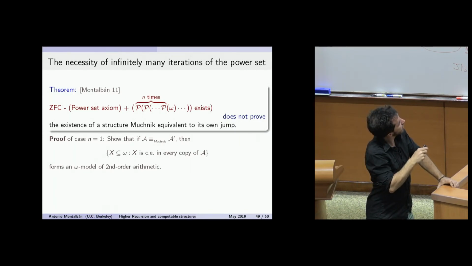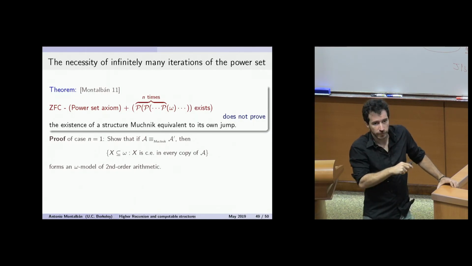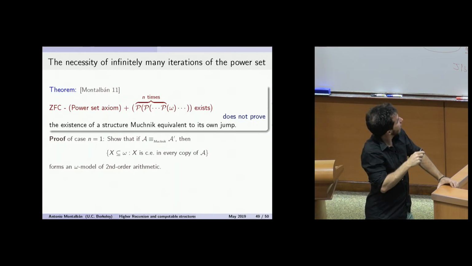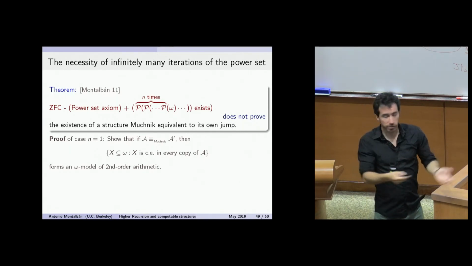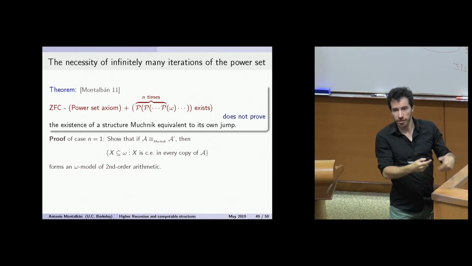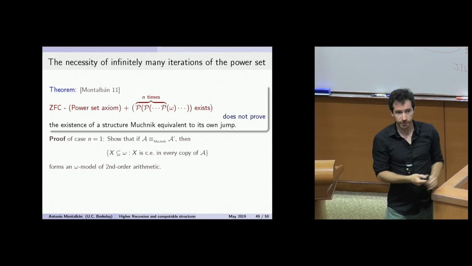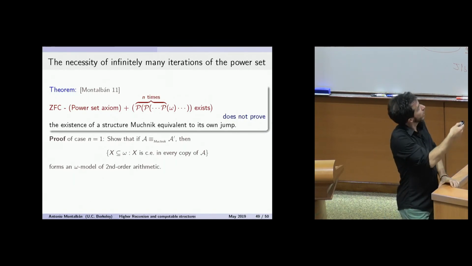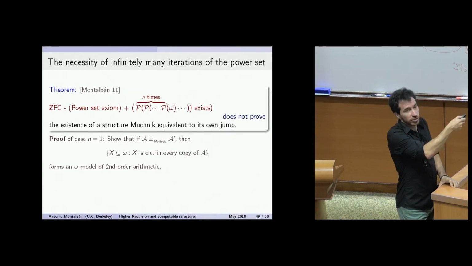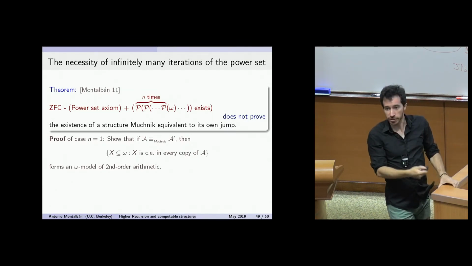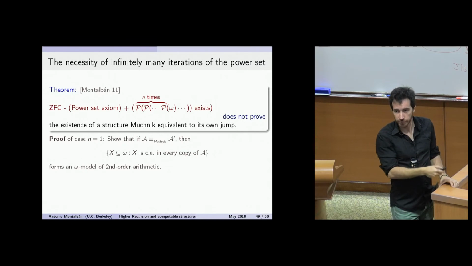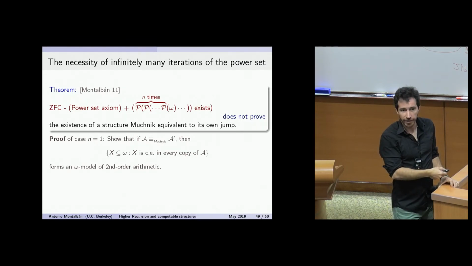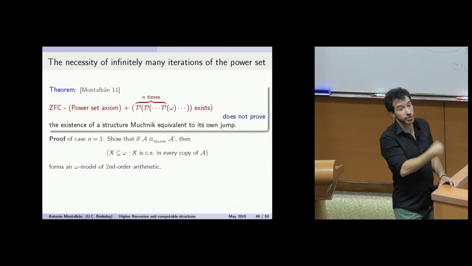If you take all the sets X which are CE in every copy of A as your second order part, and you take omega as your first order part, you get a model of second order arithmetic. You have to prove that, but once you do, if you have such a structure, then second order arithmetic is consistent, because you're building a model. That means you couldn't prove the existence of the structure in second order arithmetic.